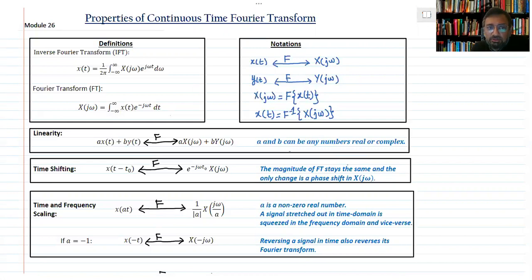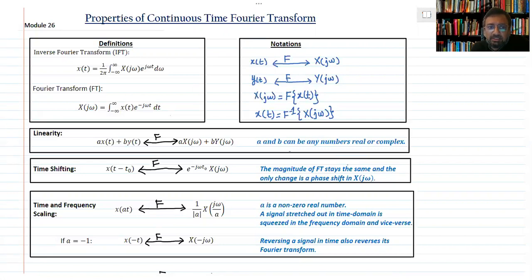We can either do it using the Fourier transform formula or the inverse Fourier transform formula. The only trick that is required is just a change of variable. In the book, this property is proved using the inverse Fourier transform formula, and I encourage you to do the same using the Fourier transform formula.